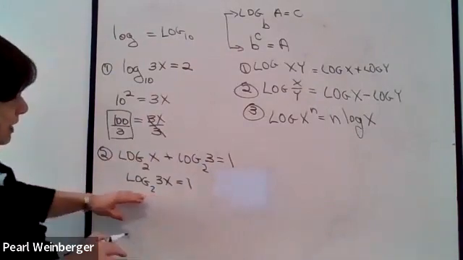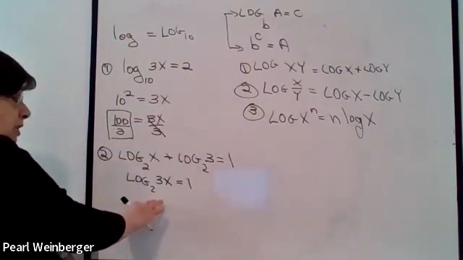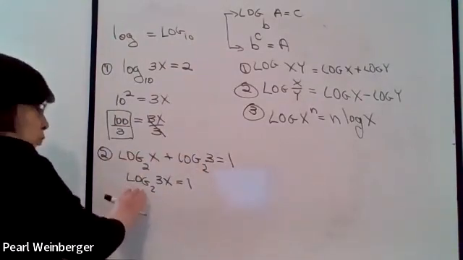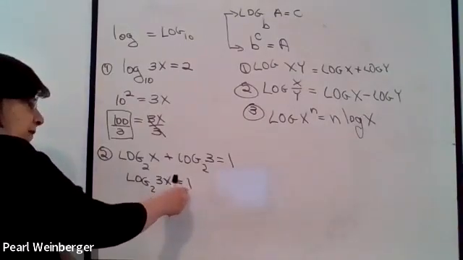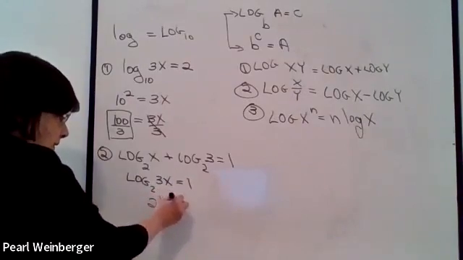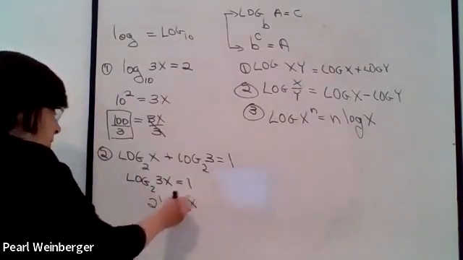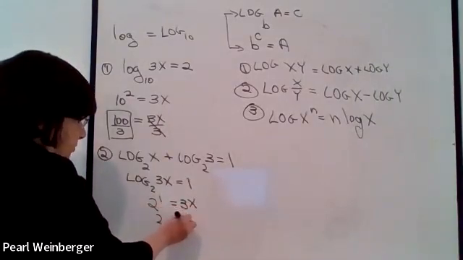Now, of course, I can solve this equation because I can now go to the exponential form because I have one log equaling a number. So this becomes 2, the exponent is the number on the other side, which in this case is 1, equals 3x. Well, 2 to the 1 is just 2, so this means 2 equals 3x.